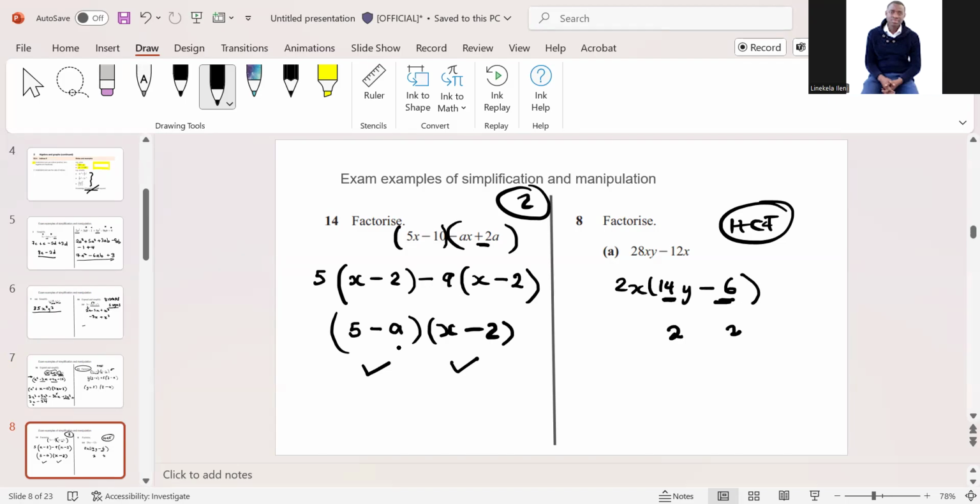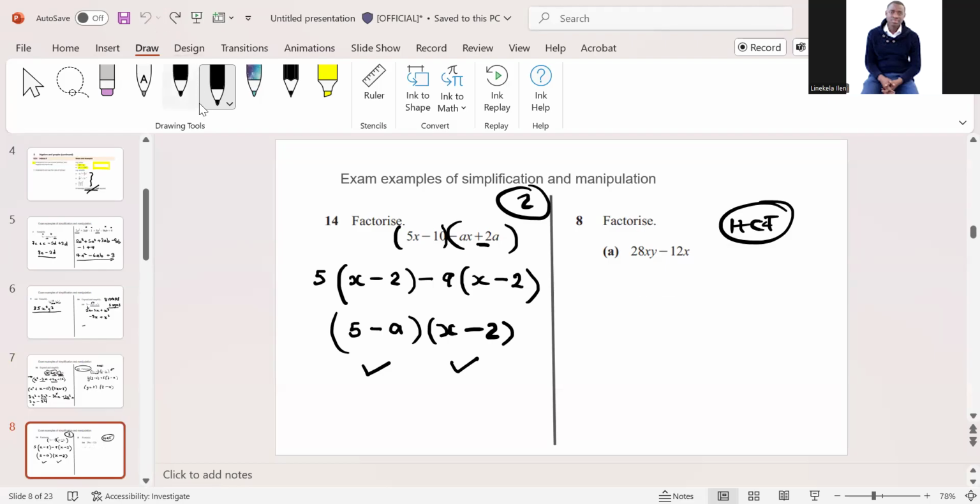So you don't want to use 2, because 2 is not necessarily the highest common factor. It's very important that you find the highest common factor of the numbers, rather than just using the one that is close to your heart. You must use the highest common factor.